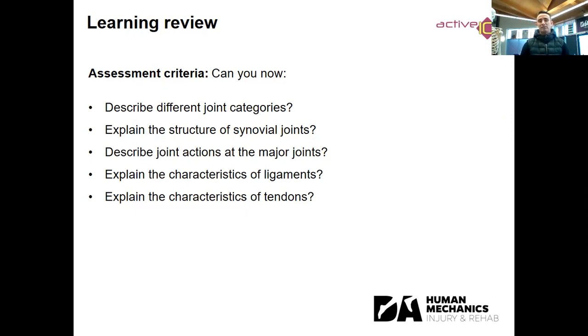Explain the characteristics of ligaments. Again, you need to remember the purpose of a ligament is to attach bone to bone. It's to create some stability around the joint to allow some movement, but to manage the movement for support. Your ligaments are made up of collagen and elastin for this reason and that reason.